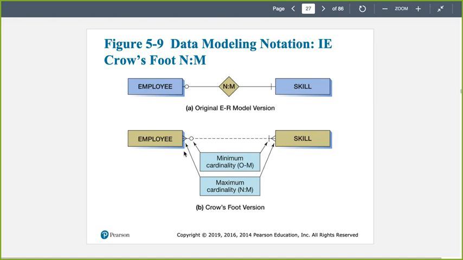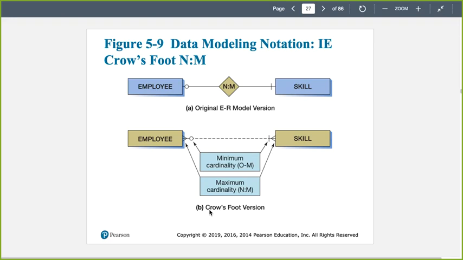And the relationship is represented, and this is the notation we're going to be adopting. It's called the Crowfoot notation. So part B is the standard notation we're going to be using starting from this point forward. Right? And one of the interesting points before I move to the next slide, the next few slides will explain what it means.